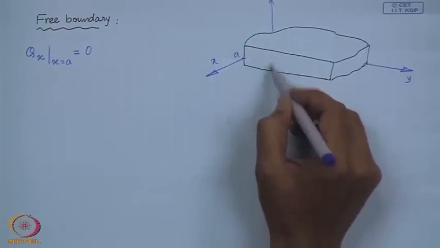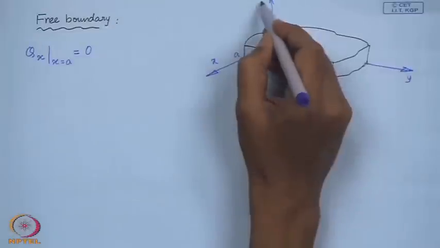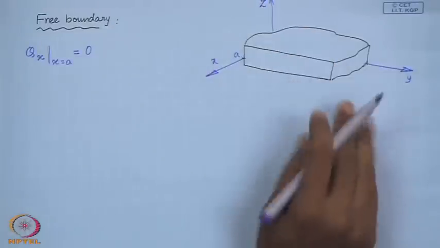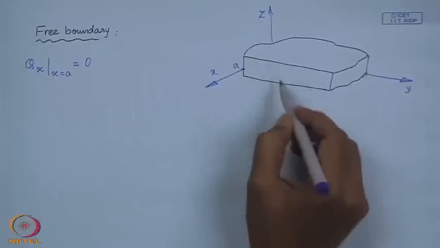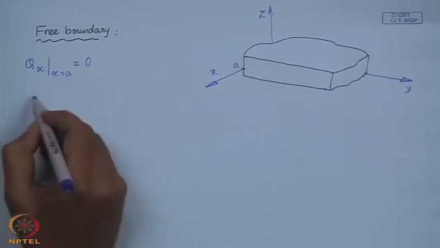So, q x is along z on this face, that should be 0.